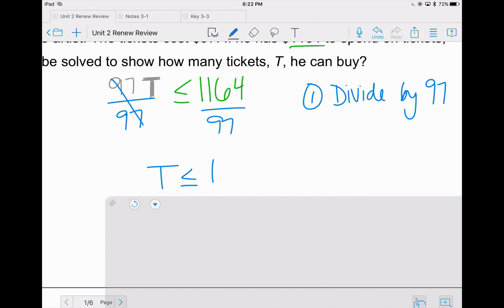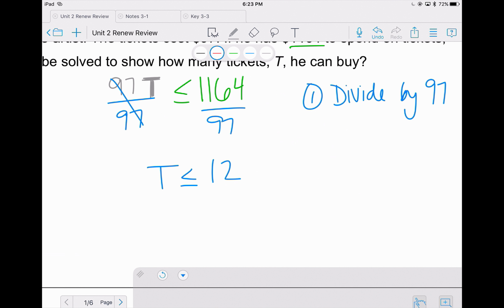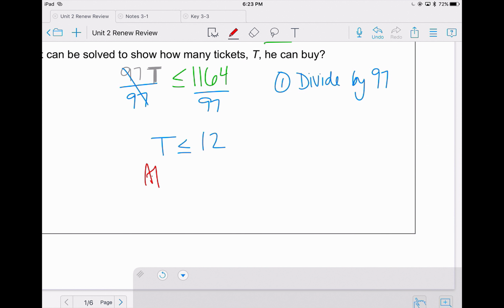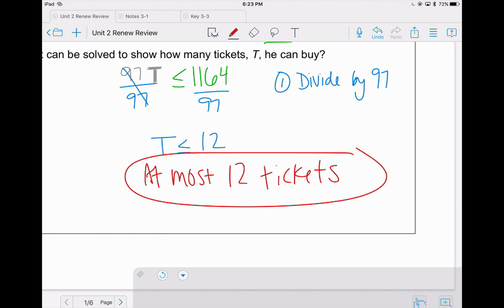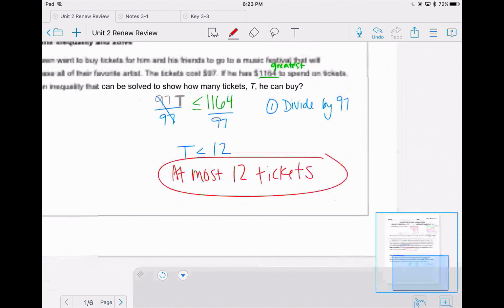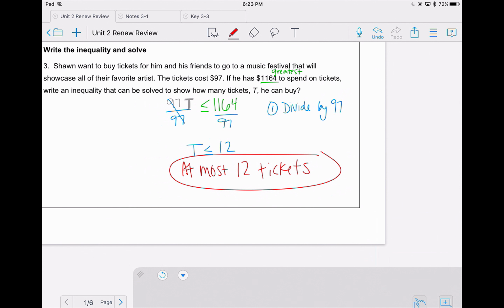What this means in words, t must be less than or equal to 12, so at most 12 tickets. You could also say he could buy up to 12, he could buy less than or equal to 12. He cannot buy any more than 12. He could buy 12 exactly.